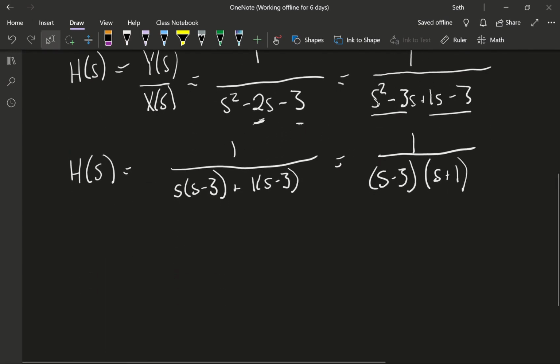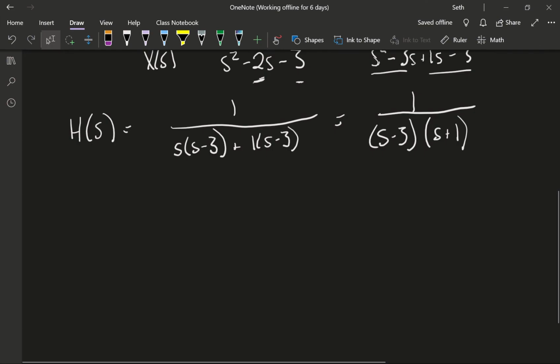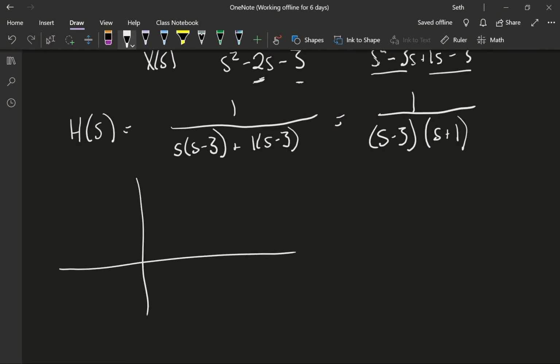It asks us to find the pole-zero plot, which is actually just asking you to find where the discontinuities are in the domain of the transfer function, or where it's not defined. The poles of a function are the zeros of the denominator.